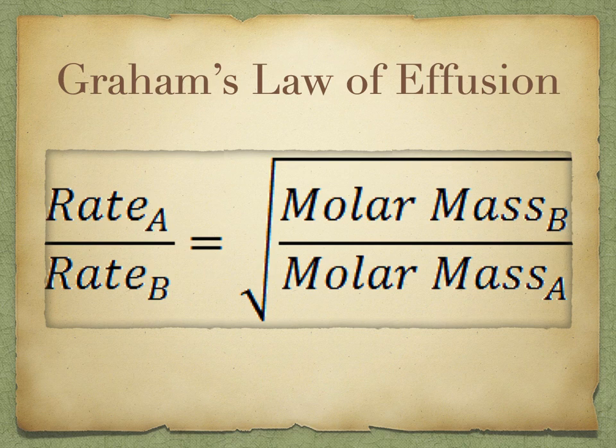And so you may smell the cake before you smell the cooking dinner, or you might smell the sauteed onions before you smell the cookies baking, just because those particles are going to be moving at different speeds. And the ratio is the inverse of the square root of their molar masses. Essentially, the idea here is lighter particles diffuse or effuse faster than heavier particles.